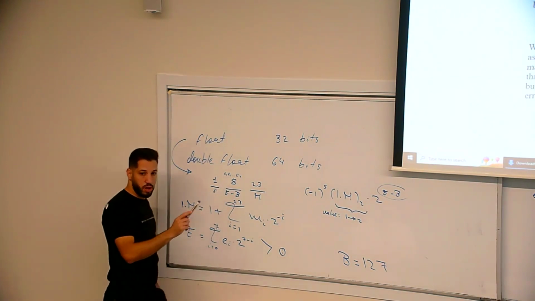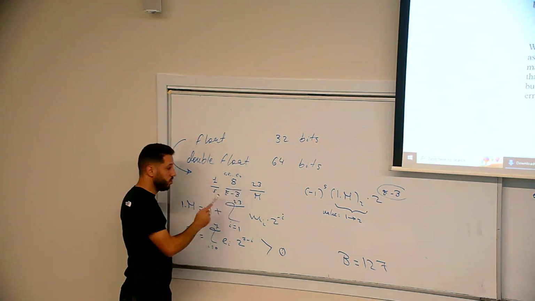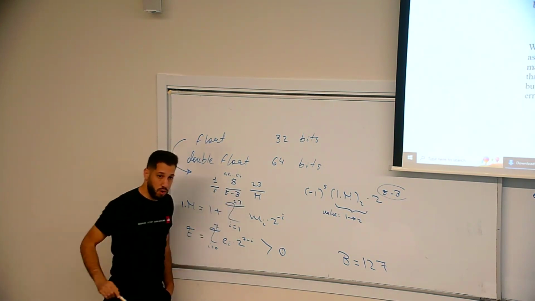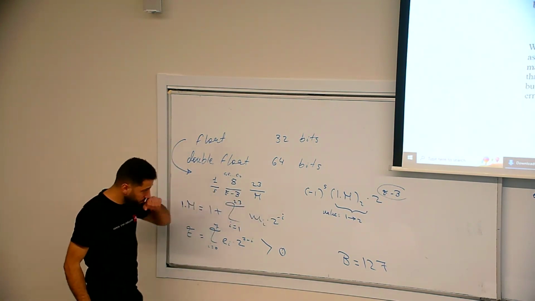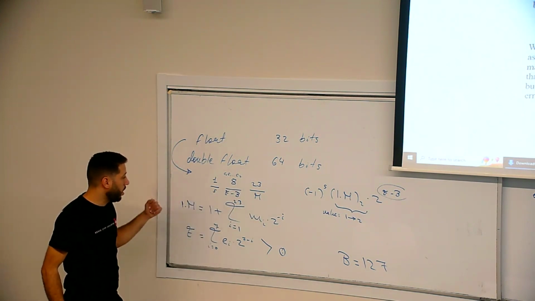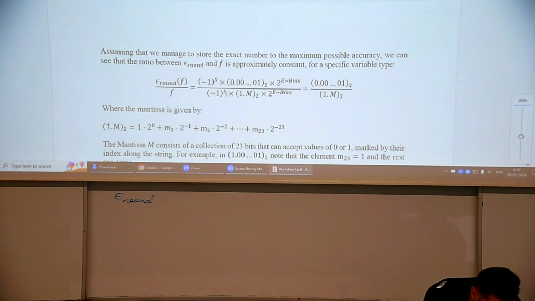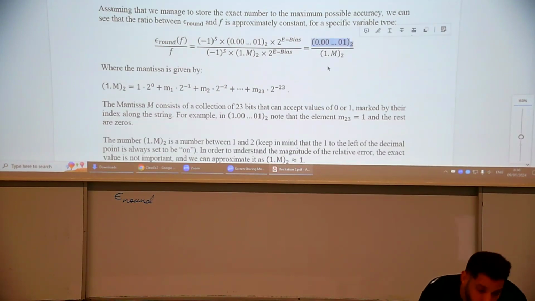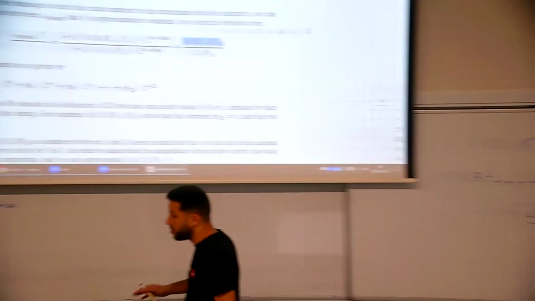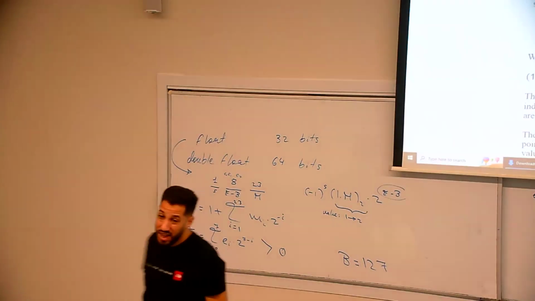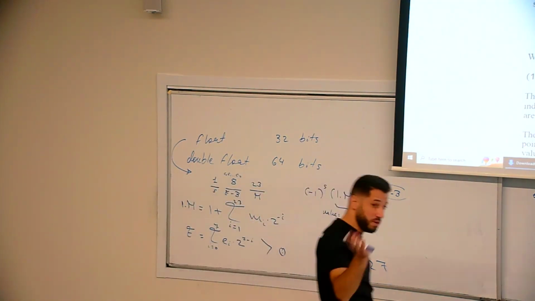So we won't store by mistake something wrong here, nor here. We can be wrong only in the last digit of the mantissa. So the error divided by the number itself will give me the same sign, the same exponent, and I have only the 0.00001 in binary representation, and the mantissa, as we said, is between 1 and 2.